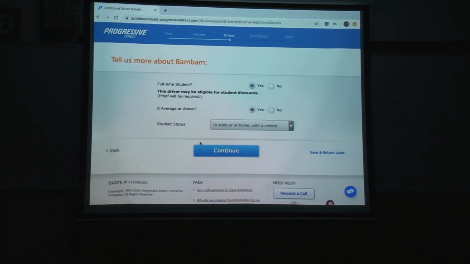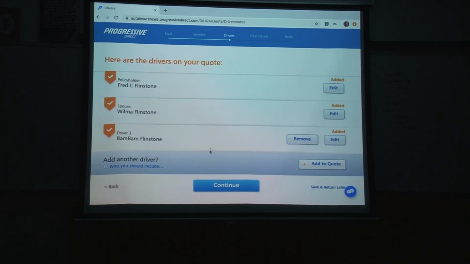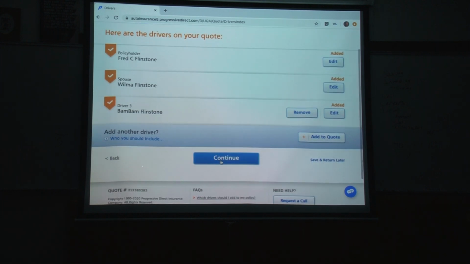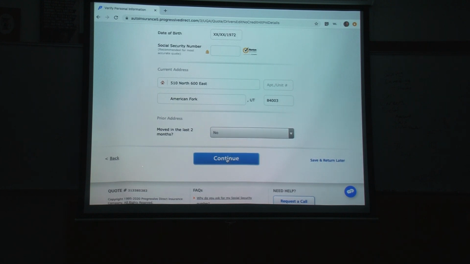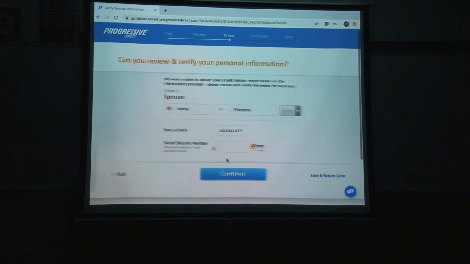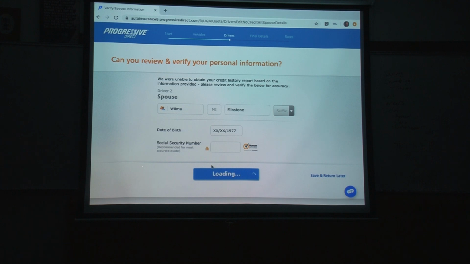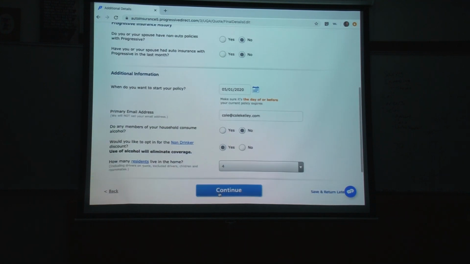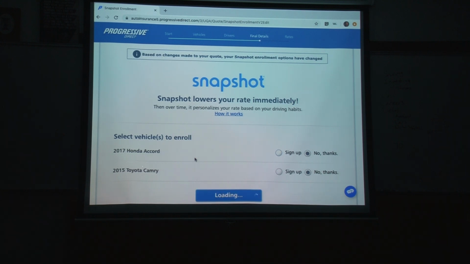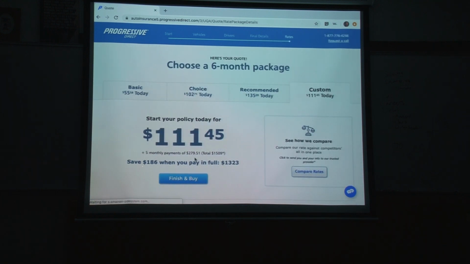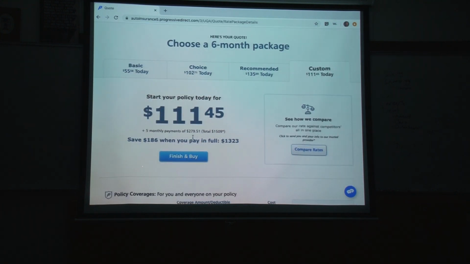And so we went from $220 a month for adding Bam Bam onto the policy to $279 a month, okay?